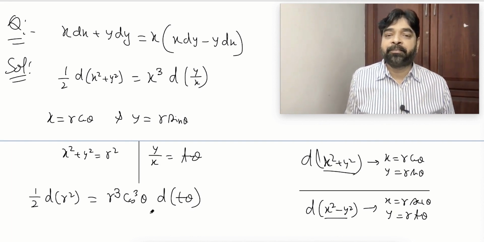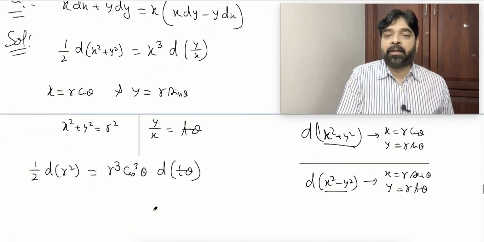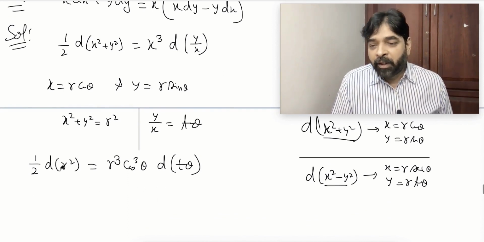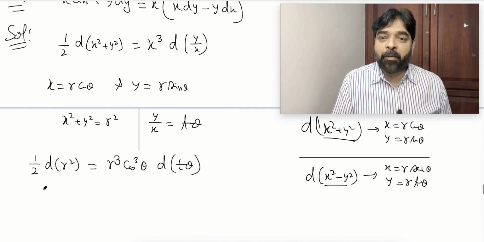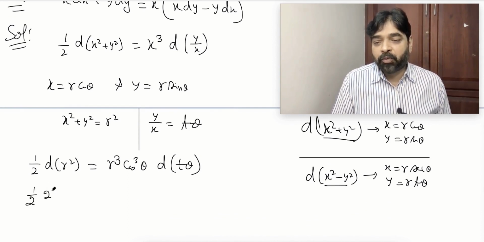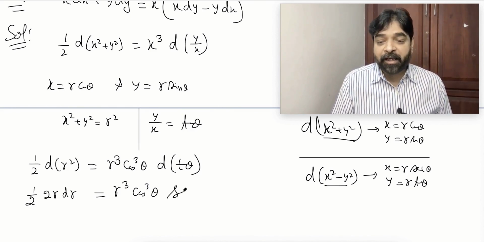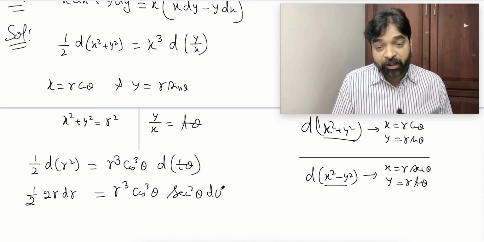Yes or no? Till here everybody understood? d of r square, the differentiation, will be 2r dr. So half 2r dr is equal to r cube cos cube theta into d of tan theta, which is secant square theta d theta.